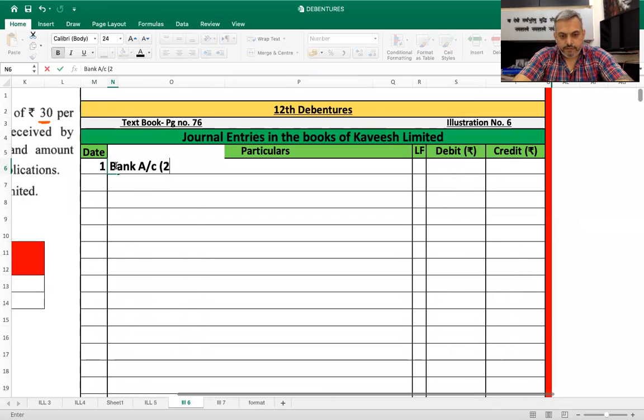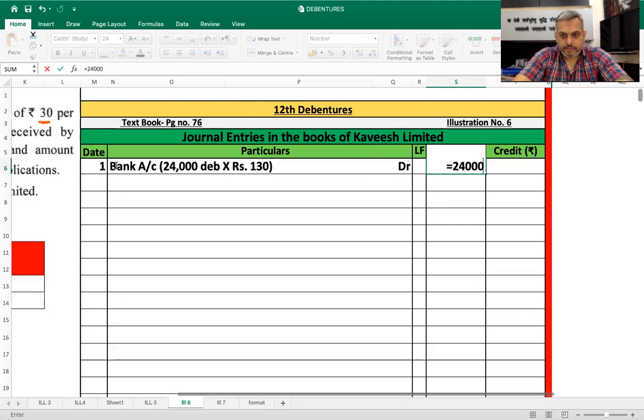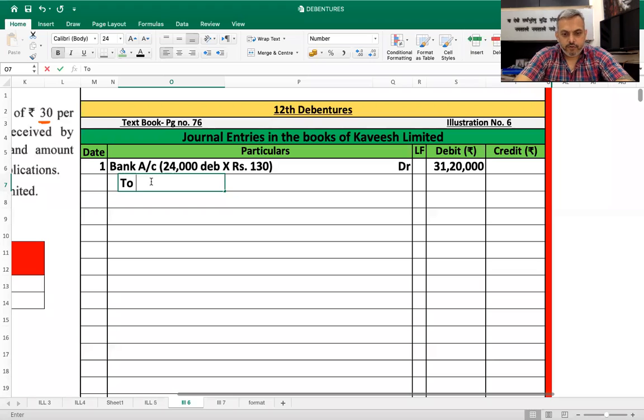So 24,000 debentures into rupees 130, we are going to receive 31 lakh 20,000, to 8% debenture application and allotment account, 31 lakh 20,000.